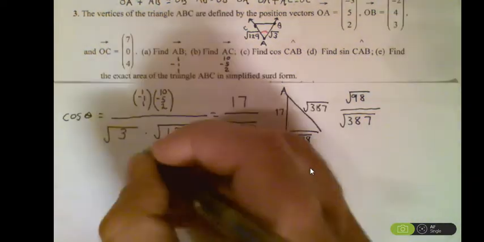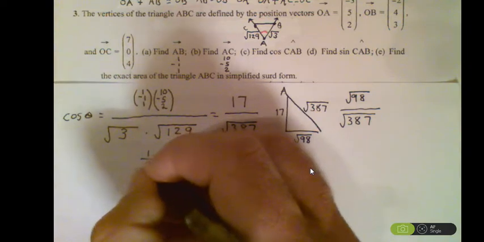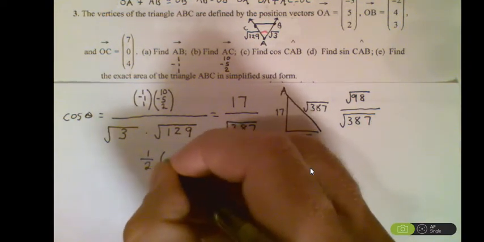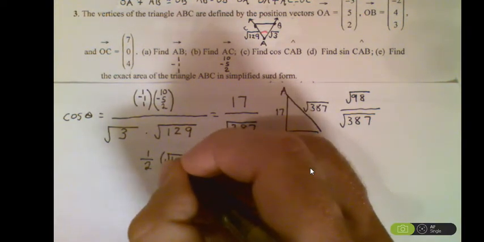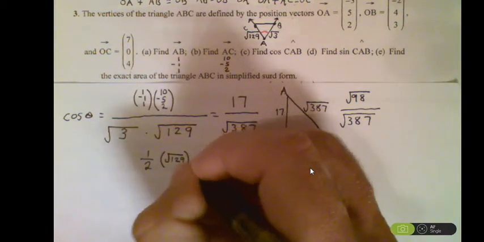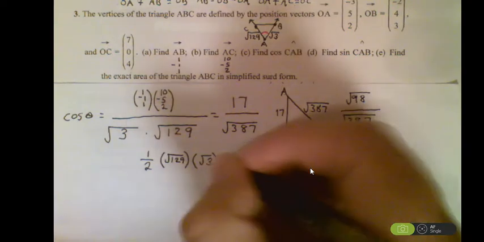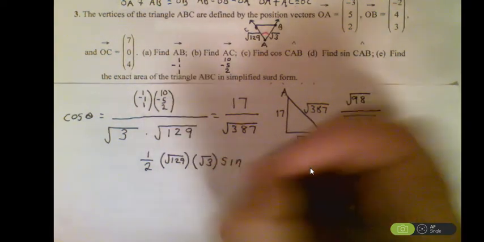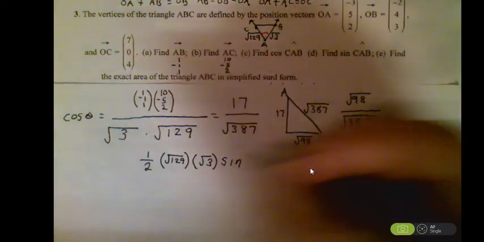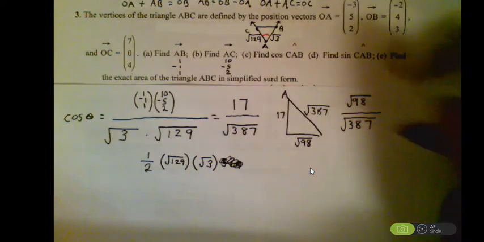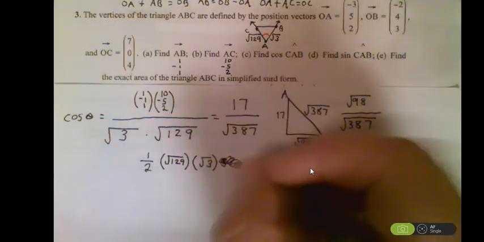So if I plug those into our formula, I get my 1/2 times the two sides times the sine of C, which again, we already know the sine of the angle. We already know the sine of the angle is this.